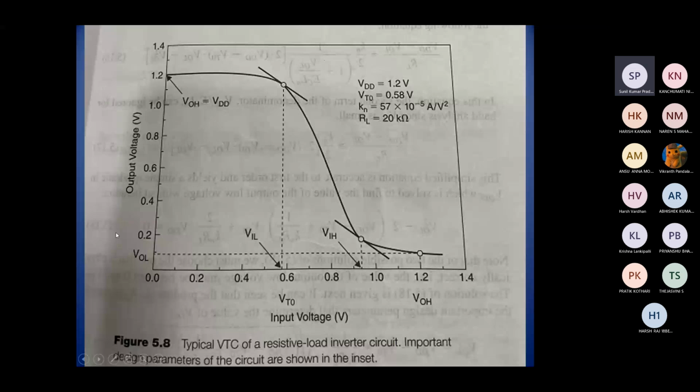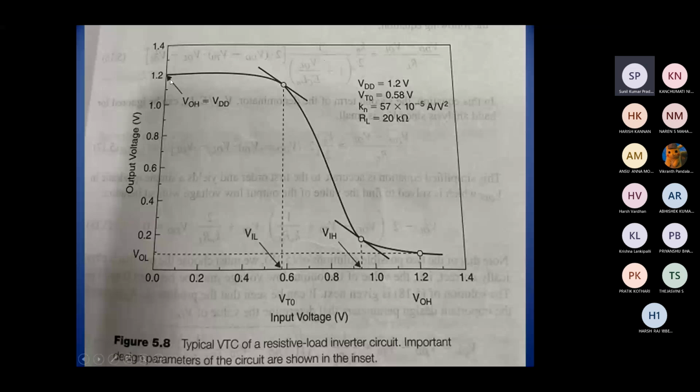So we have already discussed the voltage transfer characteristic that we call VTC. As you can remember, we have studied the voltage transfer characteristics of the ideal inverter, and also the voltage transfer characteristics of the realistic inverter. If you remember, one question was asked in the midterm exam, so you have to draw it like this accordingly.